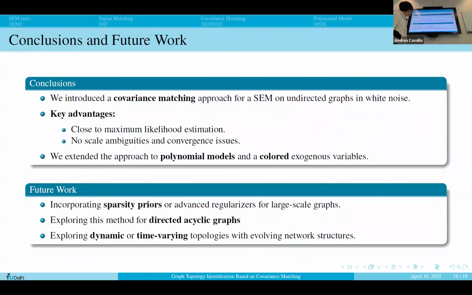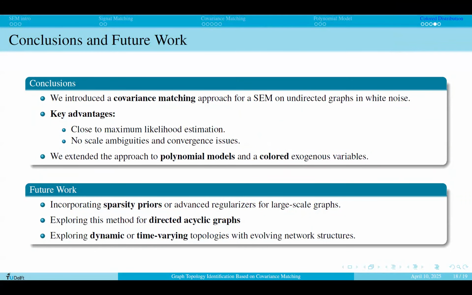So this is what we have done in my master thesis. We introduced a covariance matching method, whose solution is close to the maximum likelihood estimation.